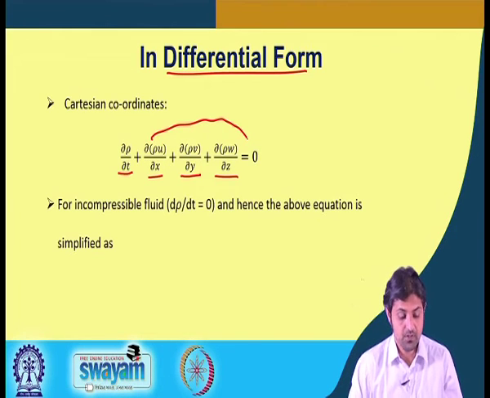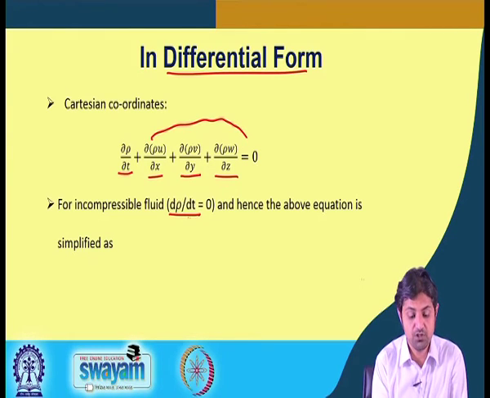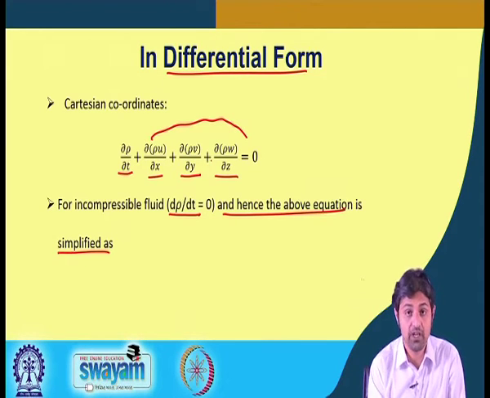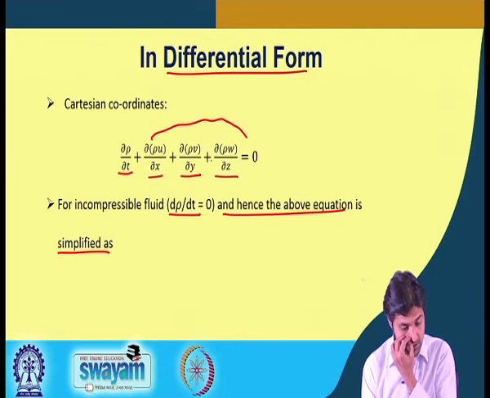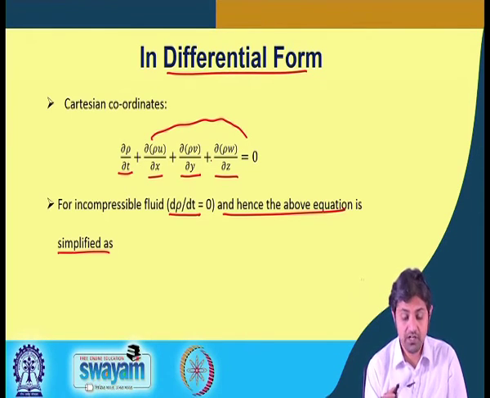For incompressible flow, the density does not change with time, and hence the above equation is simplified as, the rho can come out. It does not change with respect to x or the coordinates and time.